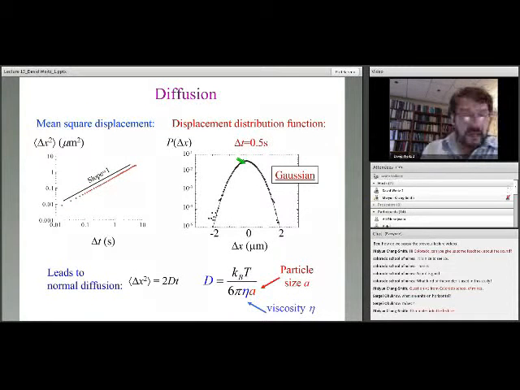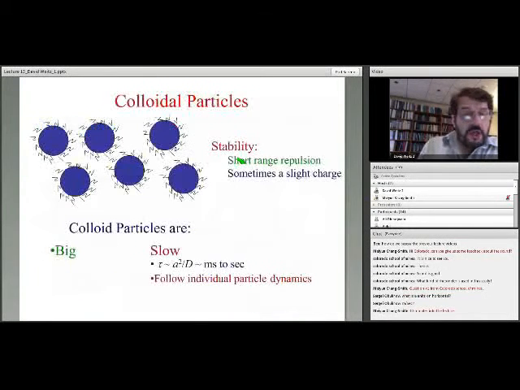Colloidal particles in general, there's an enormous amount of physics that you can do with them. One of the most interesting things from a statistical perspective is to recognize that colloidal particles are essentially like very large, slow atoms. That is, they're thermalized with the background, just as atoms in a normal solid are thermalized with the rest of the solid.